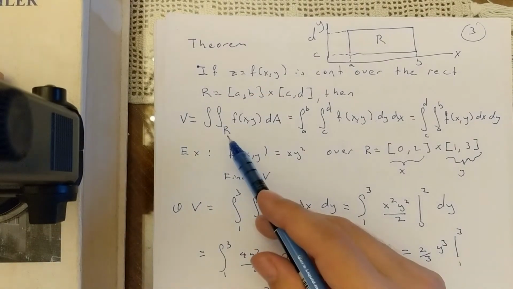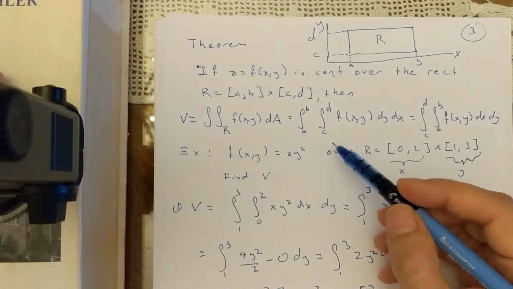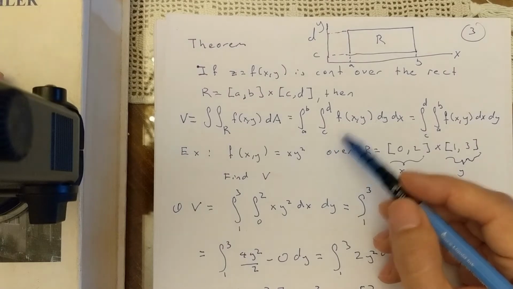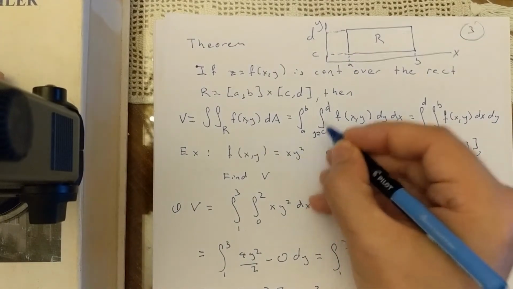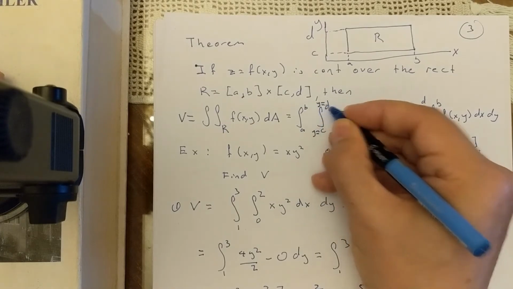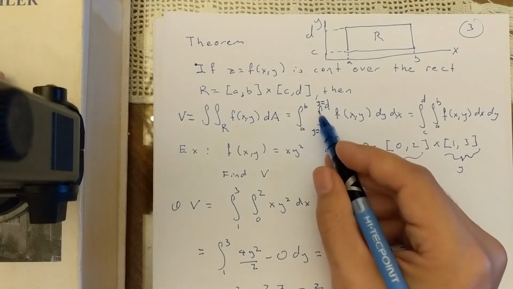Well, what is this integral over a region? What does it mean? Well, it says you look at your boundaries. So my y boundaries are y equals c to y equals d. So I write f of x y dy because this is the range of the y.